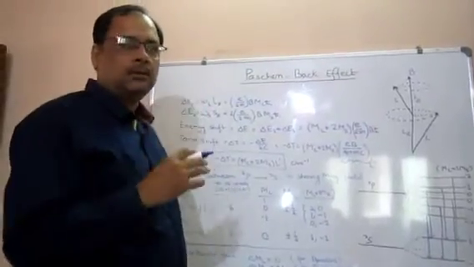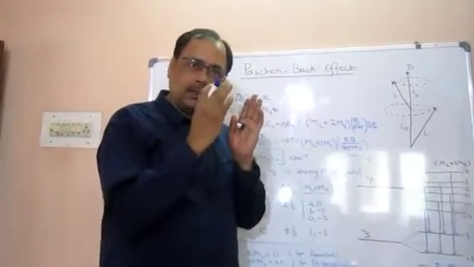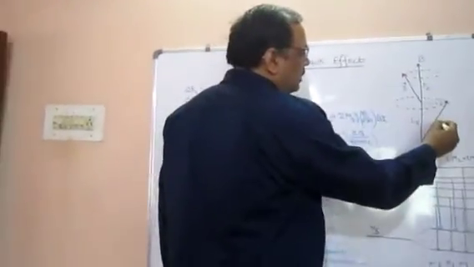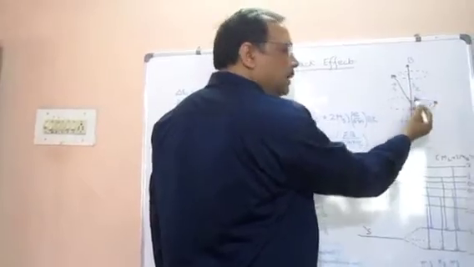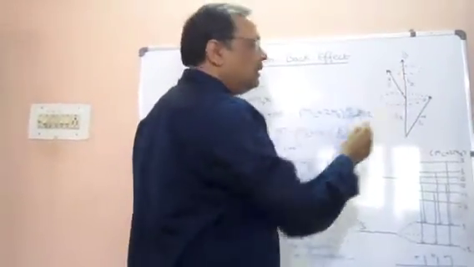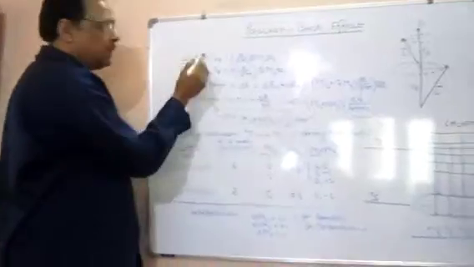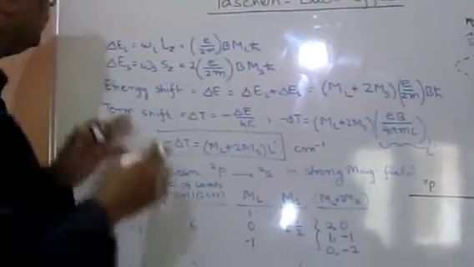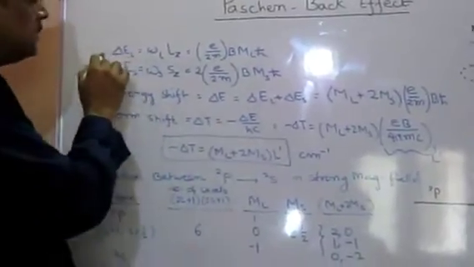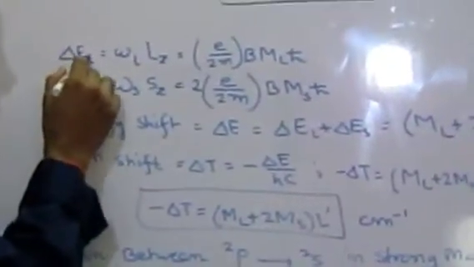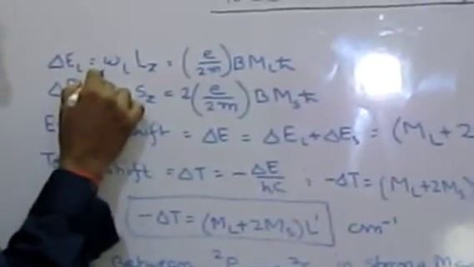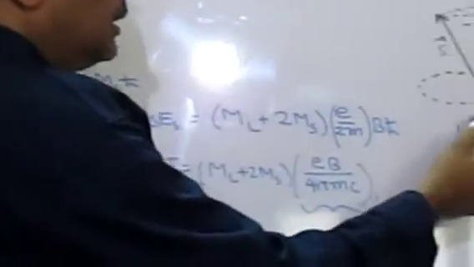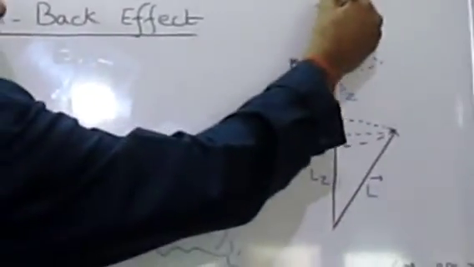Here I will explain that in the condition of a strong magnetic field, when S vector and L vector both precess independently around magnetic field B, then we can write, as we have written in the normal and anomalous Zeeman effect, this expression that we know very well: the energy shift due to the orbital angular momentum, delta EL, which is the multiplication of omega L and the projection of L on the Z axis.